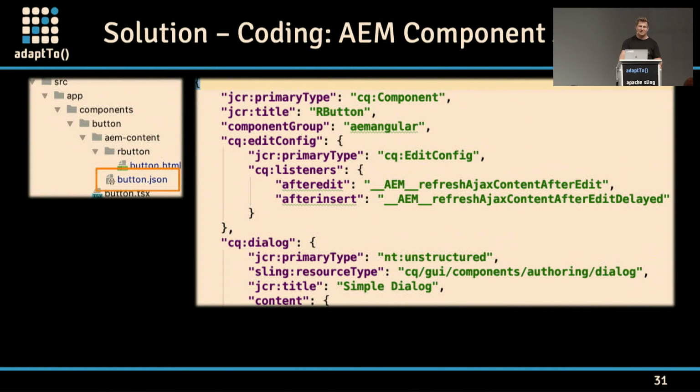There's a lot of work being done to deal with the fact that the before edit event is not there anymore. In Classic UI it was, in Touch UI it's not. I would beg Adobe to get that back in there. It would make life far easier to handle the destroying.